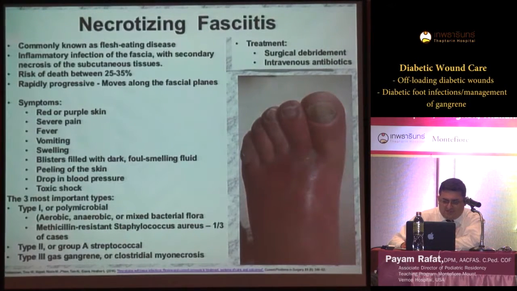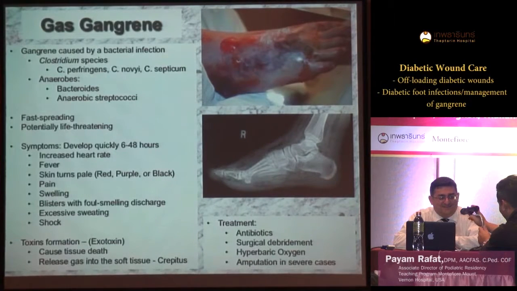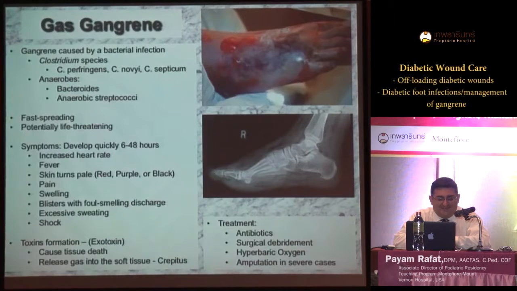And there's various types of this, one of which is gas gangrene, which is commonly caused by Clostridium species. Commonly, Clostridium perfringens is a common organism. In this particular case, sometimes there are exotoxins formed causing rapid tissue death.